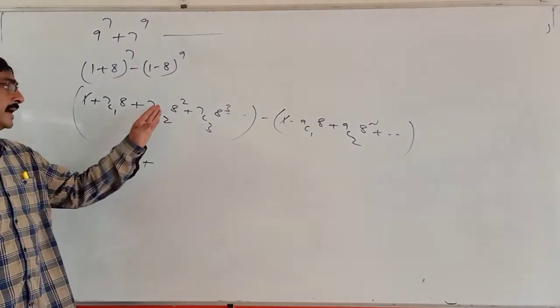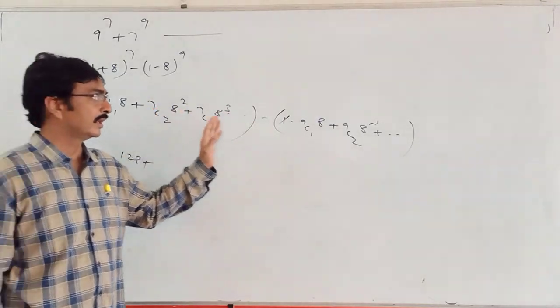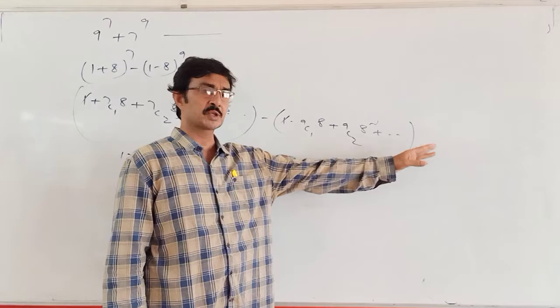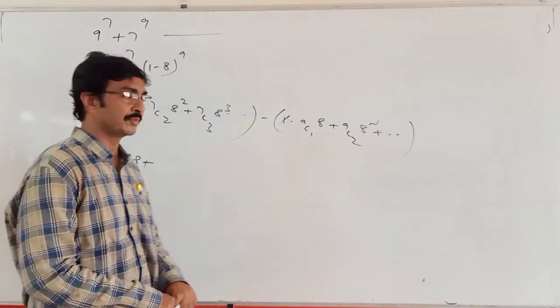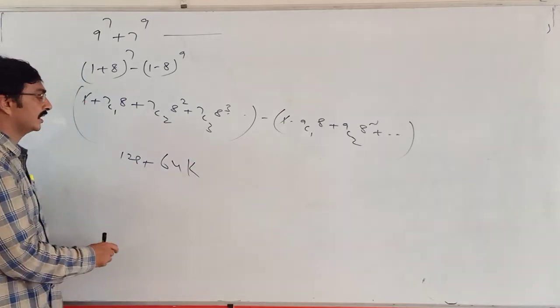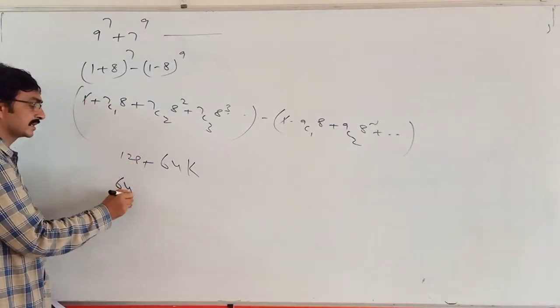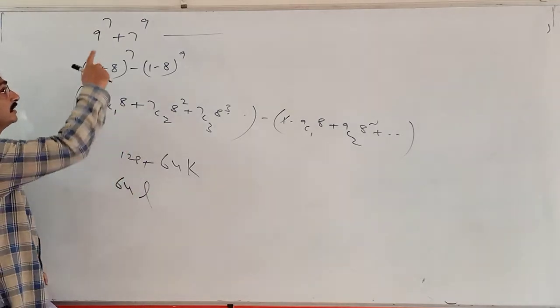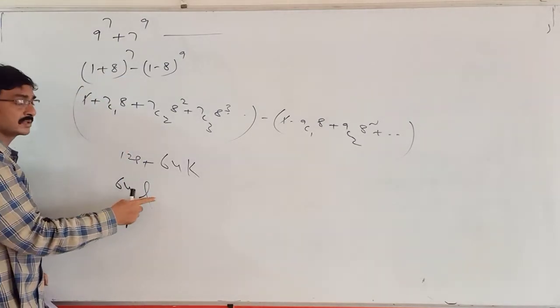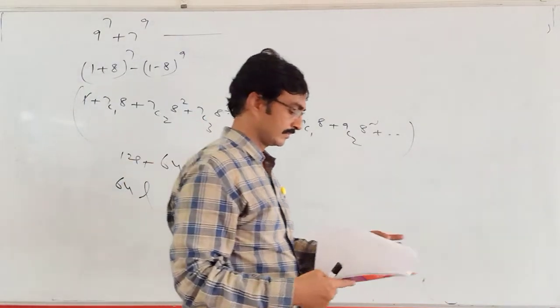From the remaining terms, 8 square, 8 cube and so on, we can take 64. So the sum of all remaining terms is 64k. Again from these two terms we can take 64. So finally the given number equals 64 into some number, which means it is divisible by 64.